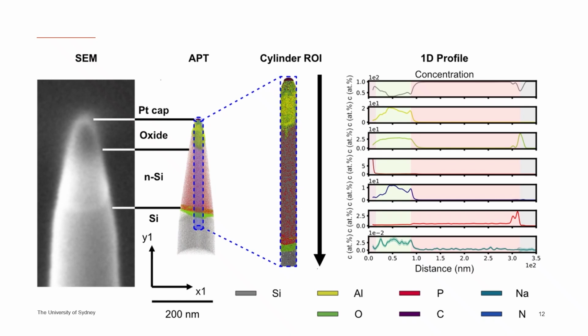This allows us to extract a sharp one-dimensional profile from the surface into the bulk of the solar cell. And tracing potential contaminants as well as dopants shows very heterogeneous distributions depending on the depth coordinate.